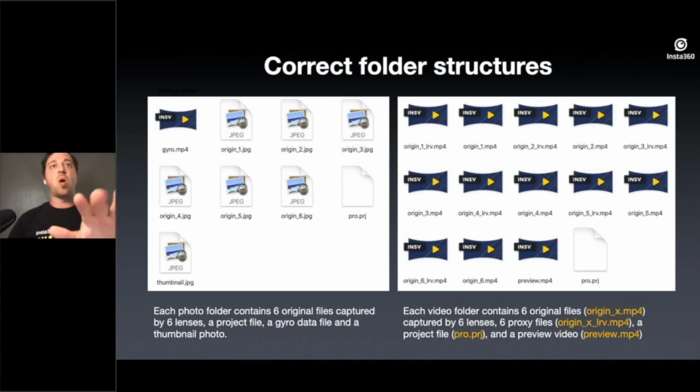You can also load these all in. These are also built so you can load them automatically into software like Premiere and Mistika without having to get the origins first. Now you need all of these together in your folder in order to properly bring it into Stitcher. So make sure that when you're pulling individual files off of your memory cards, your file structure looks like this, whether you're using the Pro 2 or the Titan.